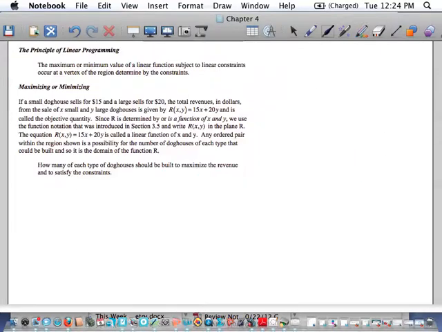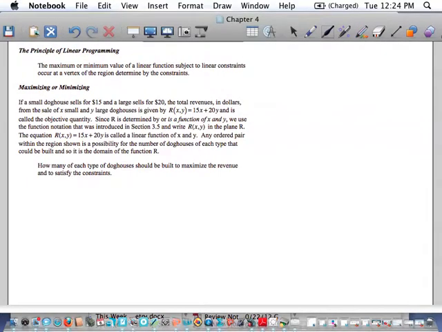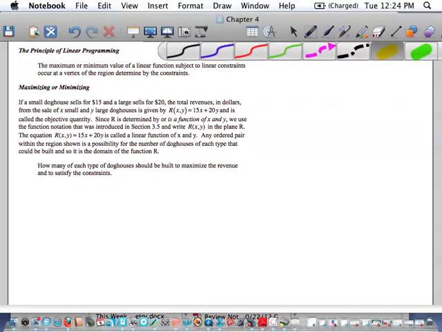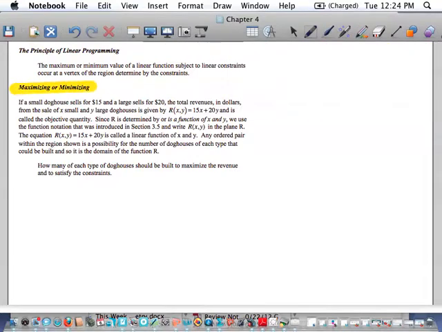Okay, let's take a look at the idea of maximizing or minimizing this system. The maximum or minimum value of a linear function subject to linear constraints occurs at a vertex of the region determined by the constraints. So now you can see why we chose to get those vertices, because that's what we're going to use. So now maximizing or minimizing.